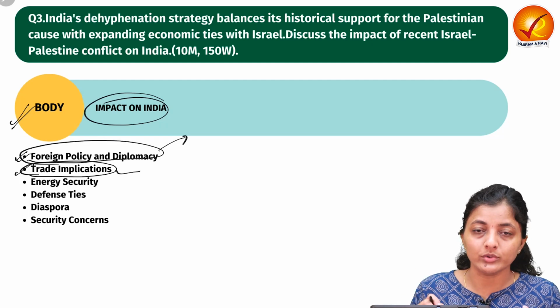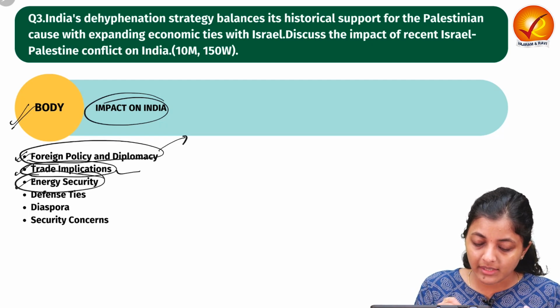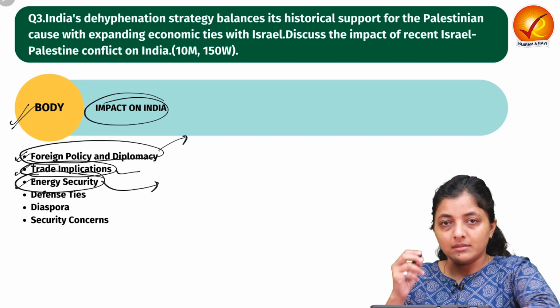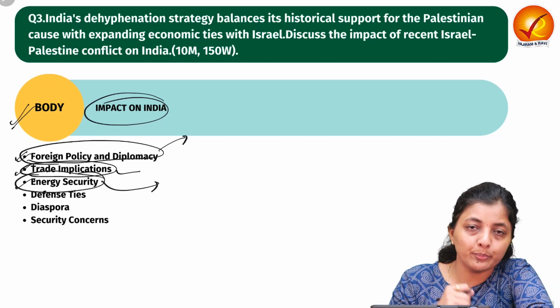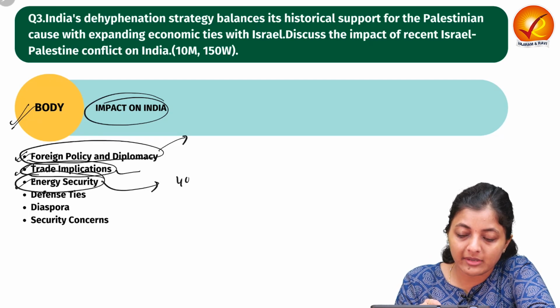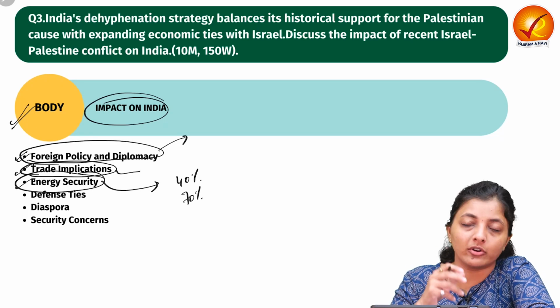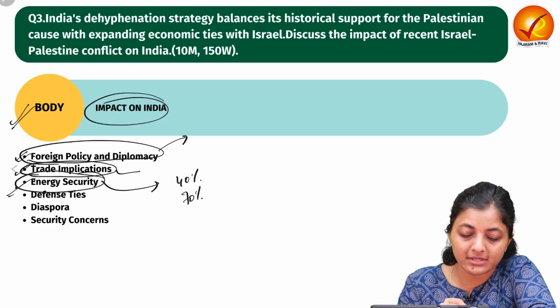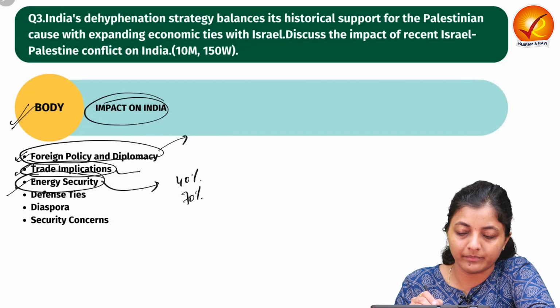The trade can reduce. Next is energy security. India's energy security is dependent on imports, especially from the Gulf region. Approximately 40% of the oil and 70% of the gas we import from this region. So instability in this region can cause energy insecurity.